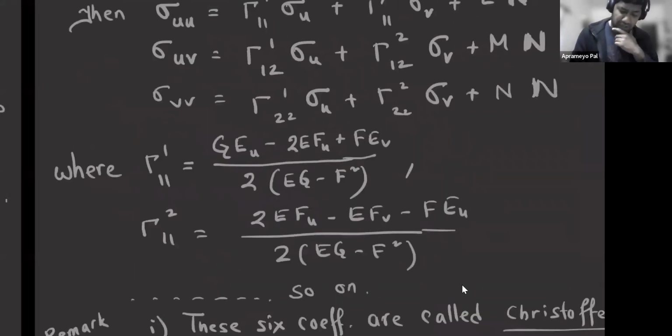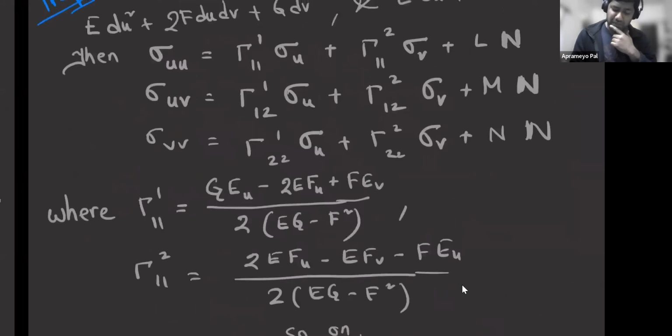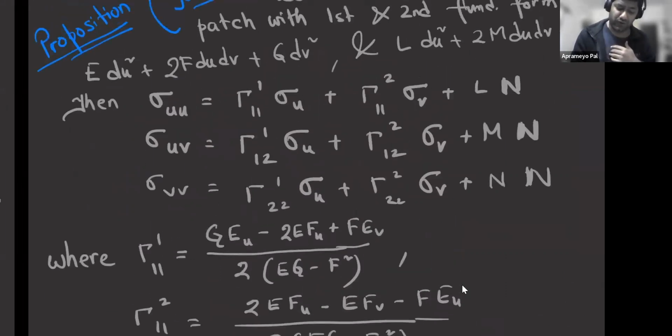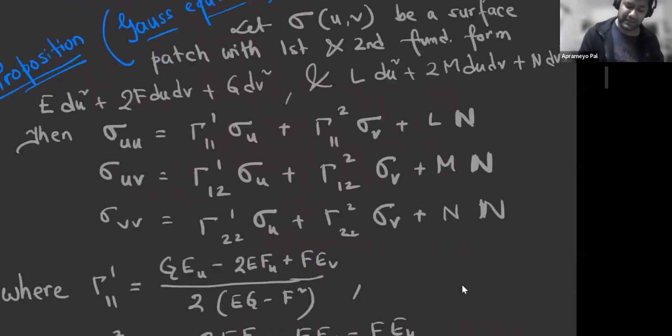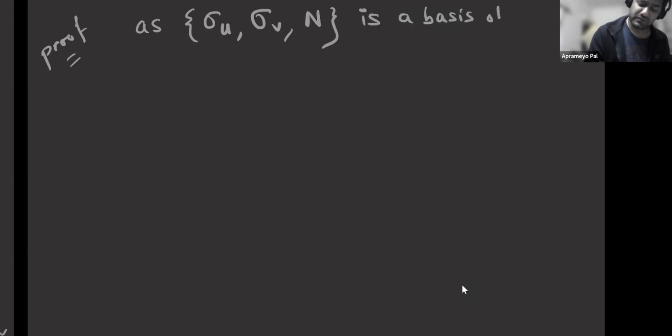Good. So you should not be really scared about these whole formulas. Let me just prove one of them, and you will see this is really quite basic. So how does one prove this? First, consider sigma u, sigma v, and the unit normal n as a basis of R3.